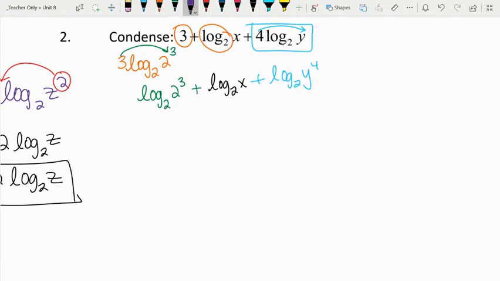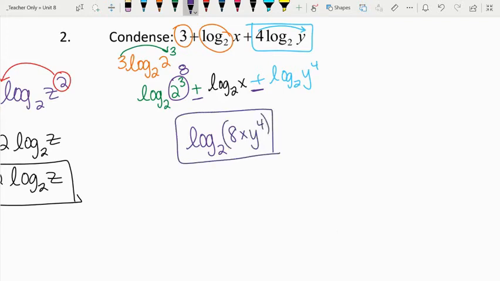Well, hopefully we're recognizing that 2 cubed is actually 8. So now we just need to pay attention to what's going on between these. I want to write this so there's just one log base 2. Well, 2 to the 3rd is 8. And then we are multiplying all of these because there is an addition sign between all of them. So we would have log base 2 of 8xy to the 4th.